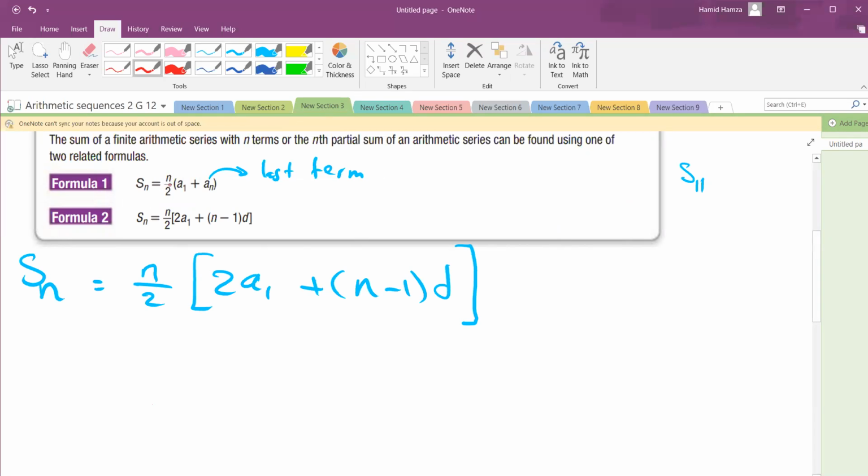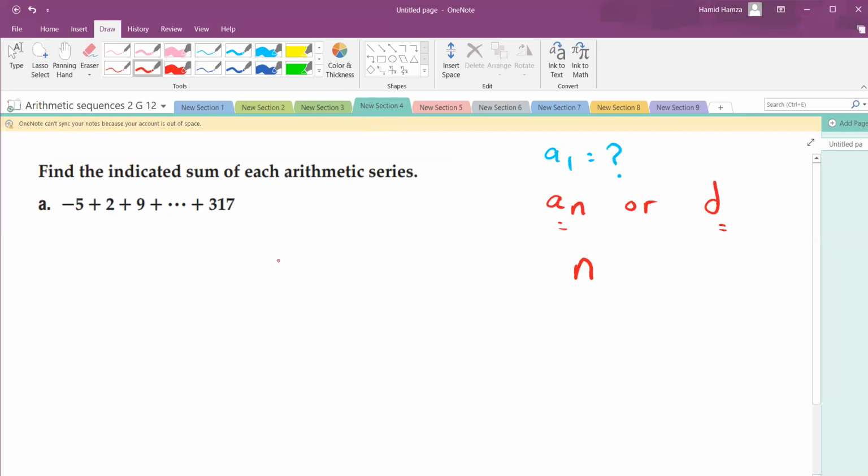If I go back, you will notice that n is involved in both of them. And I told you, n is the number of terms you want to add. So if the last term is given, the order of the last term is the number of terms you will add.